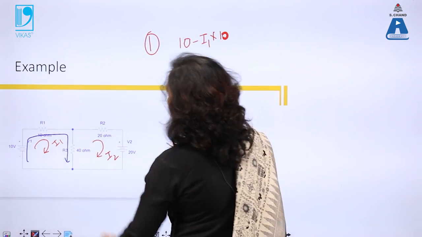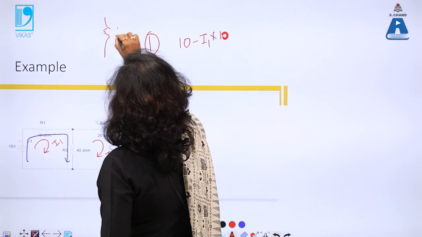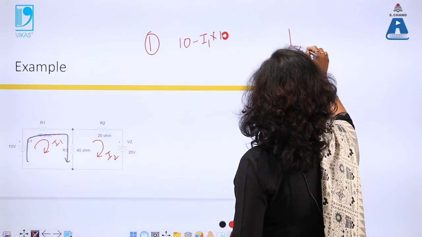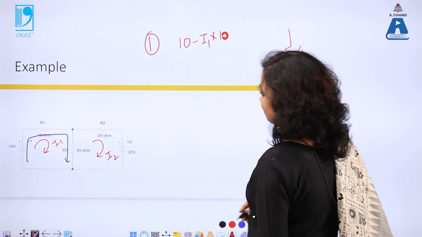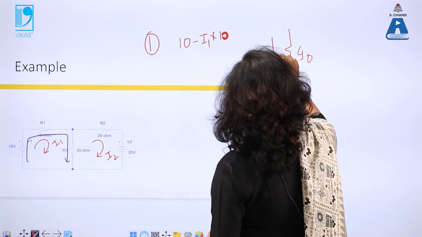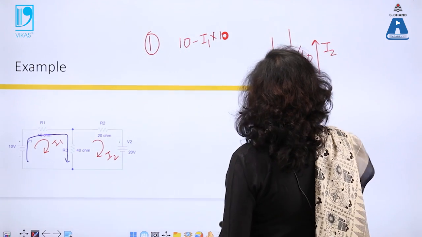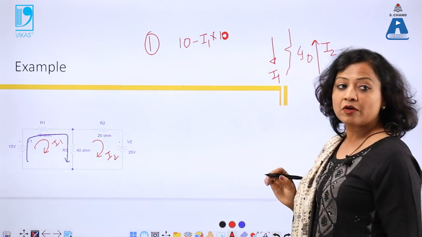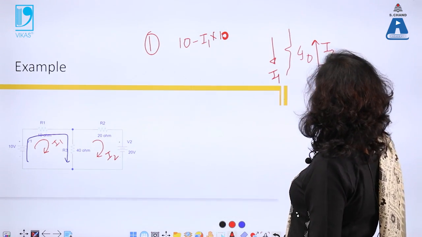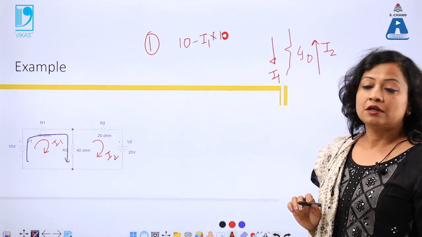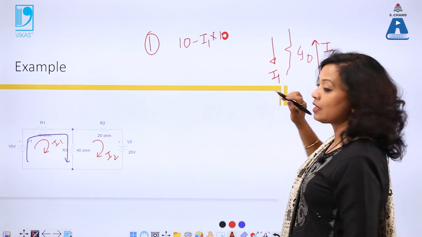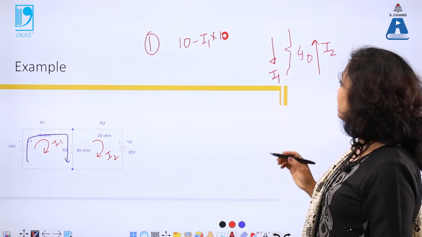Then for this common resistance, I will explain again. This is 40 ohms. So my I1 is like this, I2 is like this. Why am I drawing it like this? Because I need to check whether my currents are opposite or not. If both the currents are in the same direction, I simply have to take I1 plus I2.